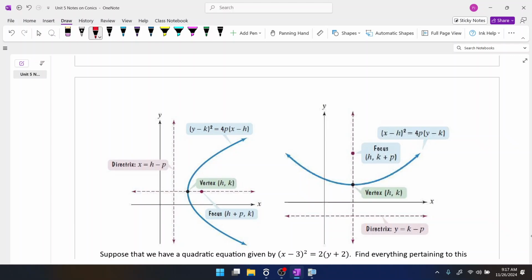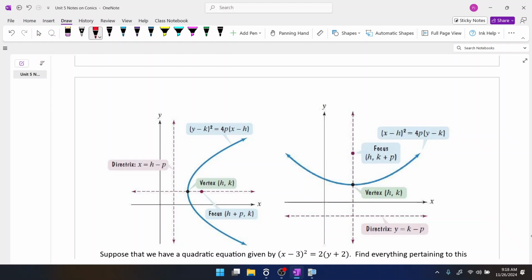If it's a parabola on its side, you have y minus k, the k still related to the y, equals 4p times x minus h. And if you have x minus h quantity squared, it equals 4p times y minus k.